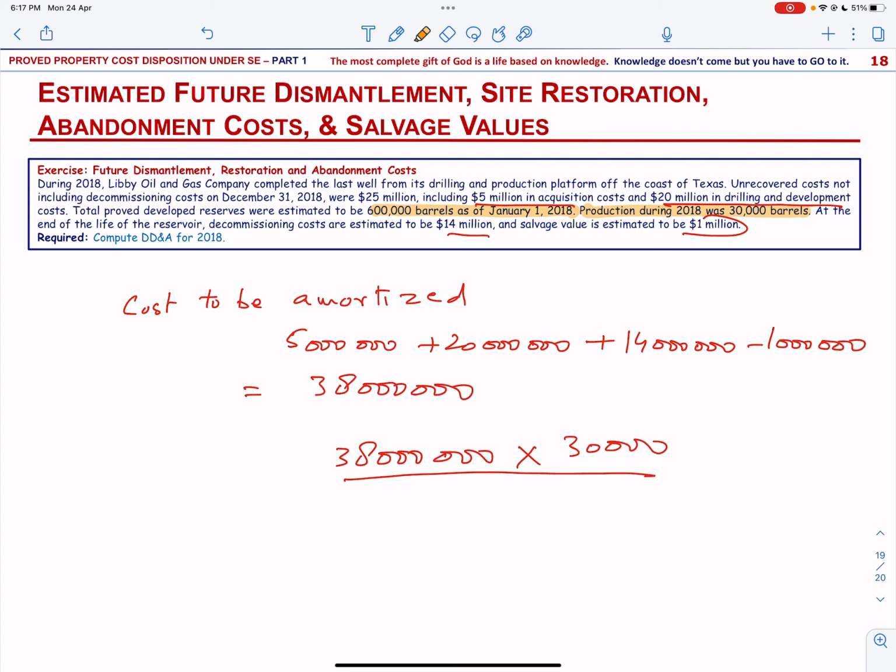So production will not be added in this case. It is just 600,000. It is at the beginning of the year, and when we calculate, this is 1,900,000.